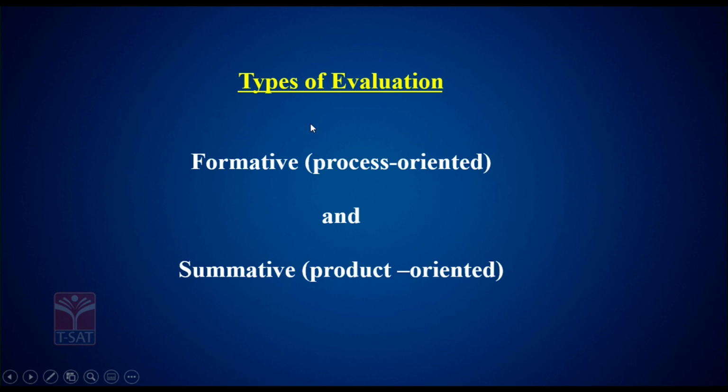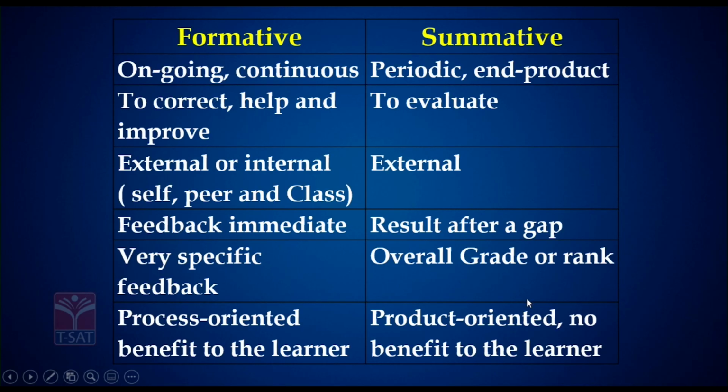And evaluation, there is a slender difference between assessment and evaluation. Evaluation can be considered as academic assessment, and we can see 2 types of evaluation. One is formative evaluation and the other is summative evaluation. Formative evaluation is process oriented and summative evaluation is product oriented.